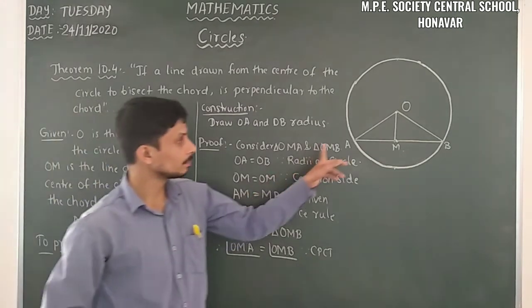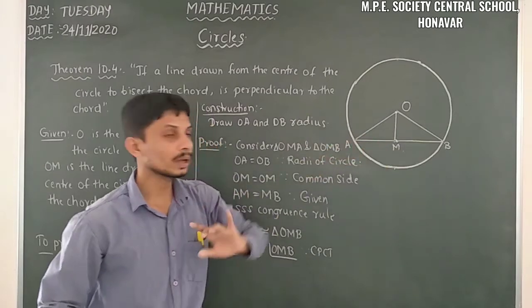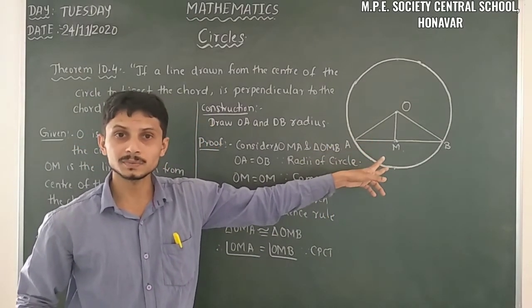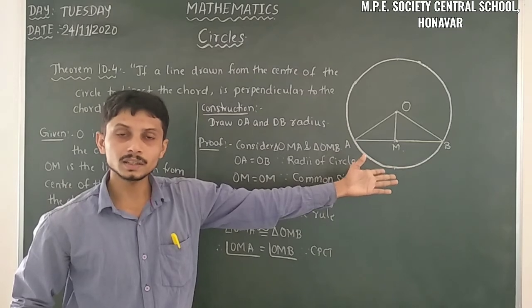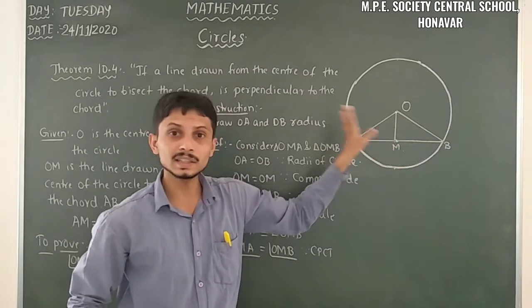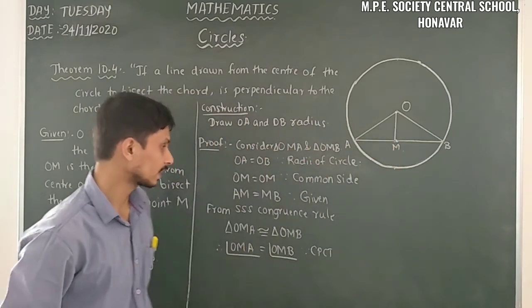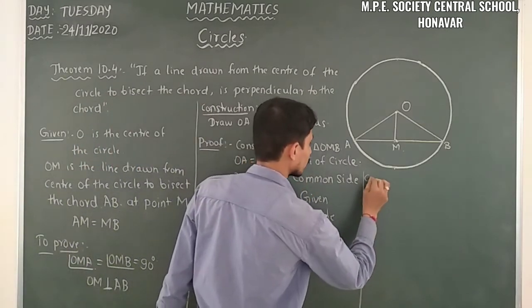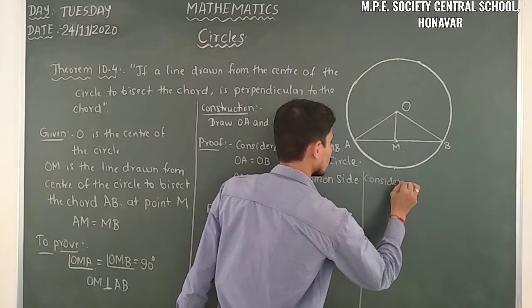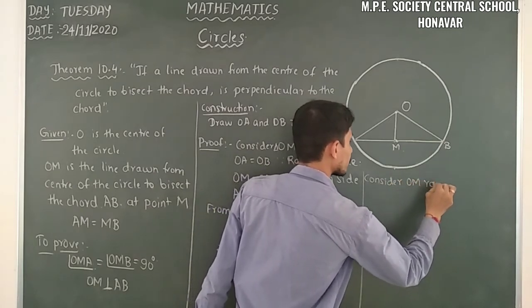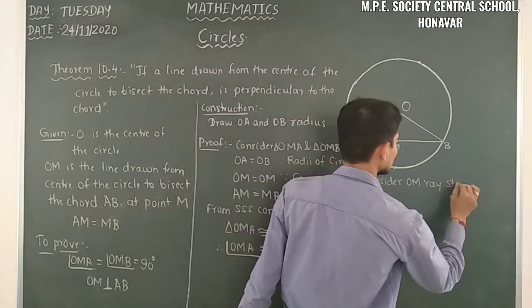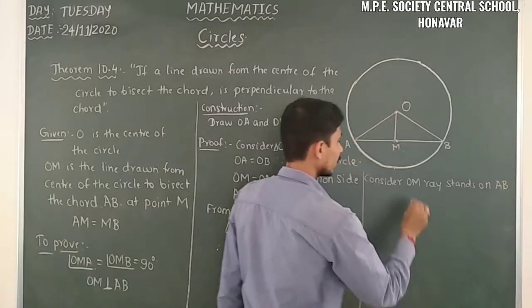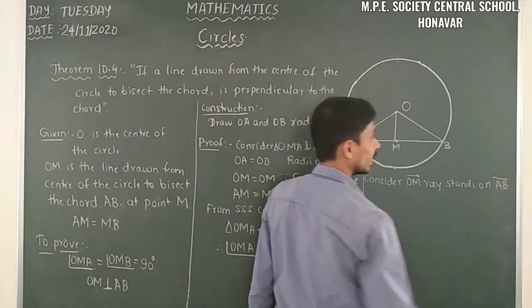Just observe, AB is a line segment. When the ray OM stands on this line, the adjacent angles formed add up to 180 degrees, so these two are a linear pair. Consider ray OM standing on line segment AB.